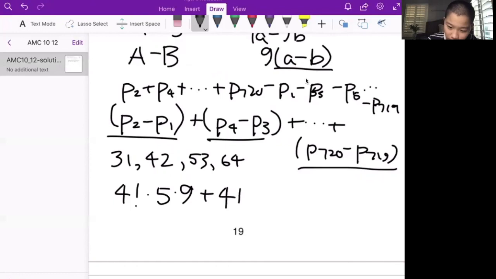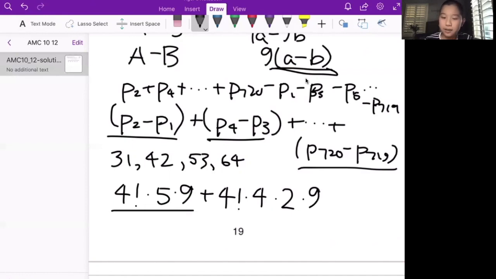There's still 4 factorial for the first 4 digits, and then it's 4 instead of 5. But now A minus B is 2 instead of 1. The last time A minus B was 1, so we just omitted it because it wasn't any difference. So then we need to add a 2, and there's still that extra multiplier of 9. And then you can see where this is going.